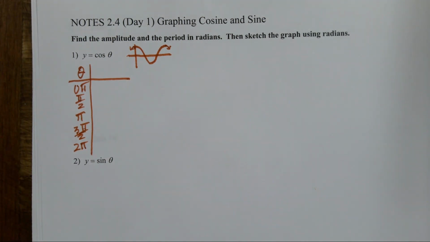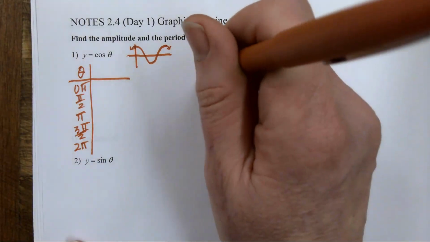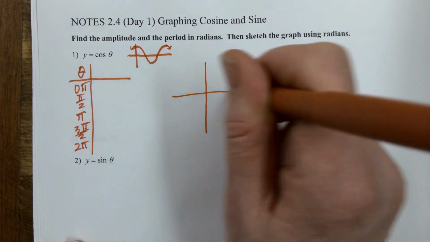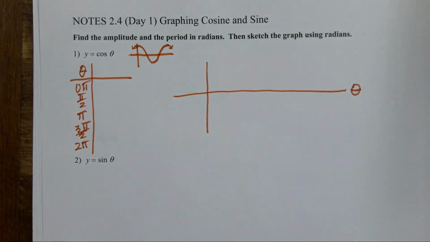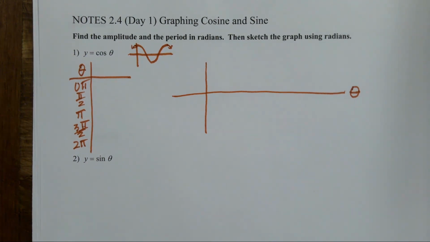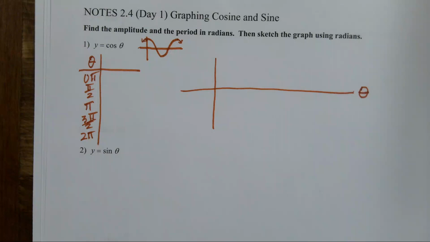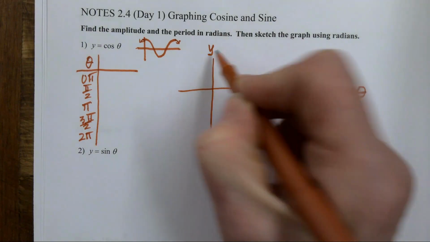Okay, these are how I get my 5 points. If I sketch a graph, because my angle that I'm putting in is theta, it can be x just as easily, but because I'm changing my input value to theta, that makes my typically x-axis become the theta axis. And then my y-axis is my output.